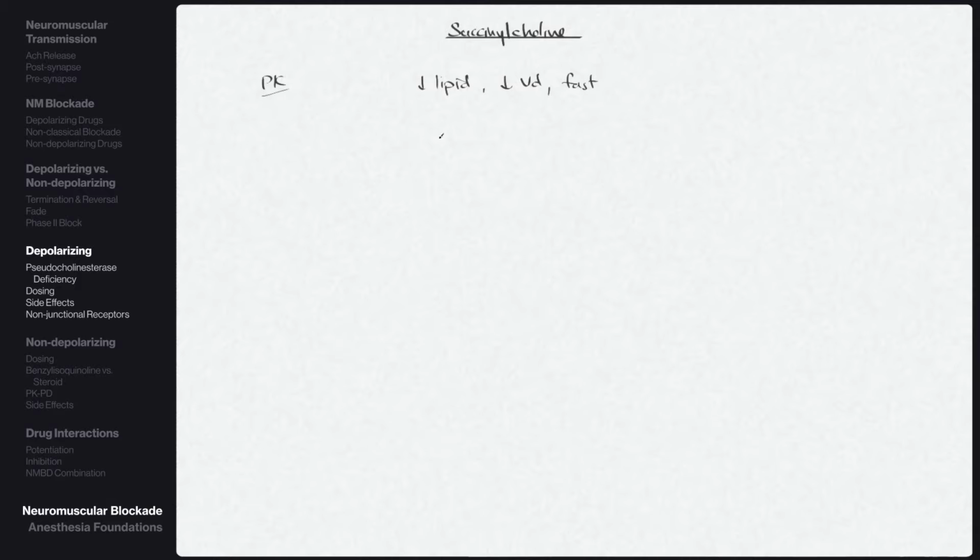And so for metabolism, succinylcholine is broken down by pseudocholinesterase, which is found in the plasma as opposed to the neuromuscular junction. Since it has to go through the bloodstream before it can even hit the neuromuscular junction, a very small fraction, about 10%, actually hits the neuromuscular junction.